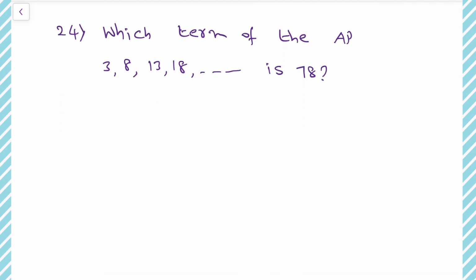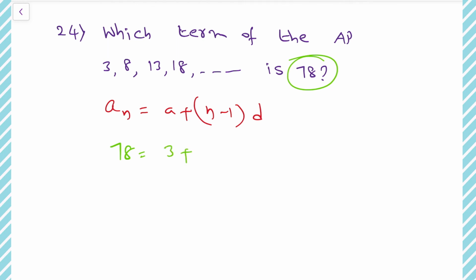Next, which term of the AP is 78? Whenever they are asking which term, again the nth term formula only. an is equal to a plus n minus 1 into d. In this case, they gave the nth term, that is 78, is equal to a, the first term 3, this one, plus n, we don't know, we need to find now, minus 1 into the difference, that is second term minus first term.